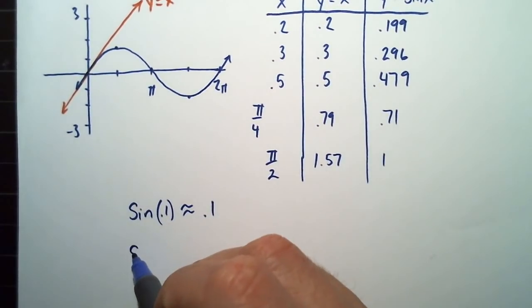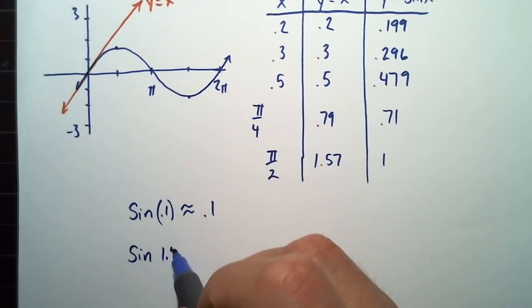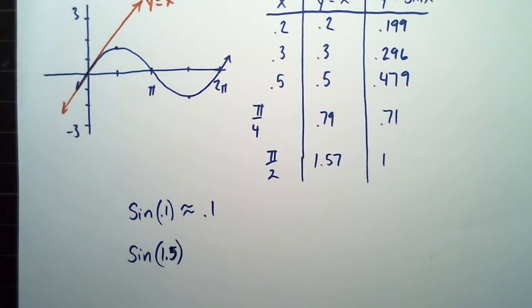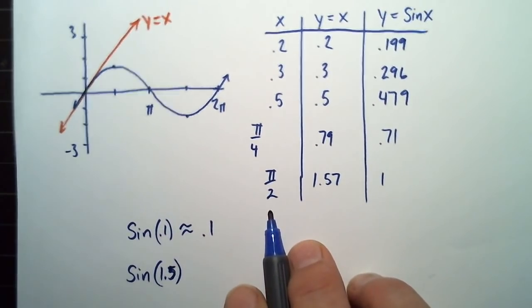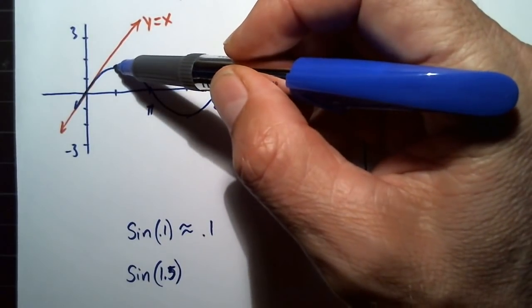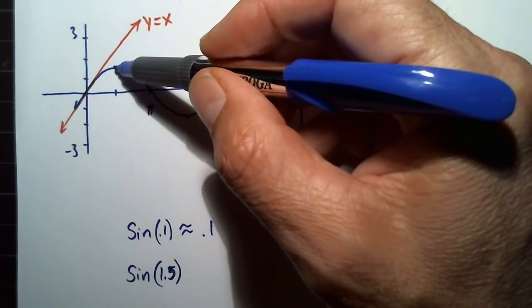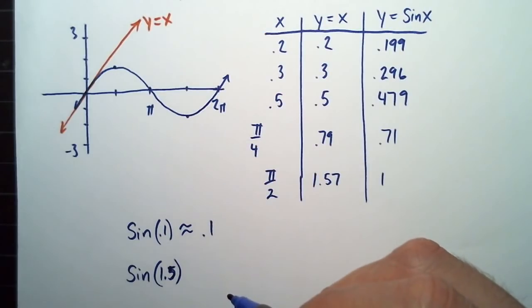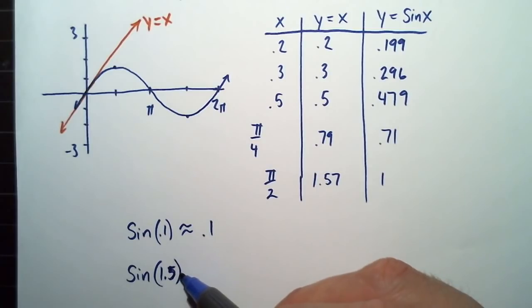What if we wanted to approximate sine of 1.5? And 1.5 is approximately pi over 2. So we're trying to approximate this y value, something close to that y value. What should we do to approximate this y value?